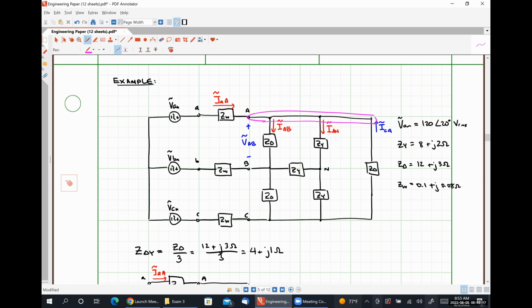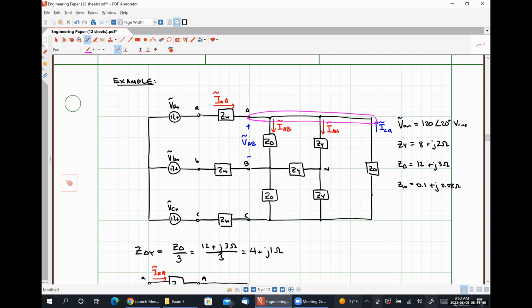So it looks like we have two currents flowing in, two currents flowing out, but we only know two of those four currents. However, we also know that IAB and ICA are related to each other because this is a balanced three-phase system. So I'm going to walk you through the math involved in solving for our phase currents through our delta connected load here using KCL.